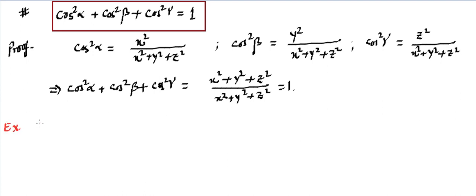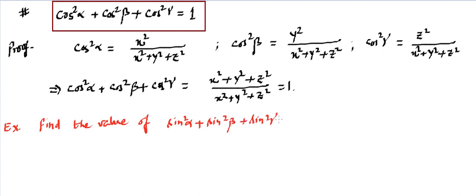It was saying find the value of sin square alpha plus sin square beta plus sin square gamma, where alpha, beta, gamma are the direction cosine angles made by a vector with the x, y, and z axis respectively. So if somebody is asking this value, can you find it? You can pause the video and try to solve this.